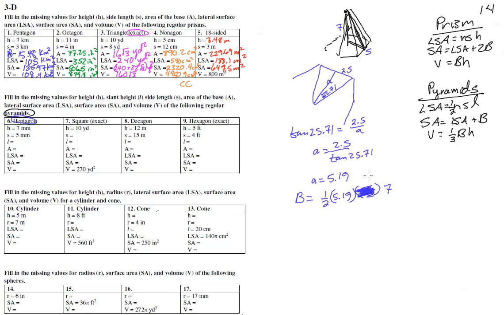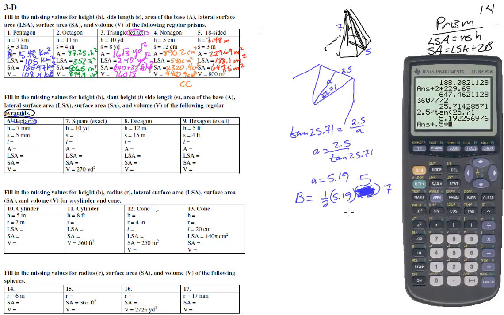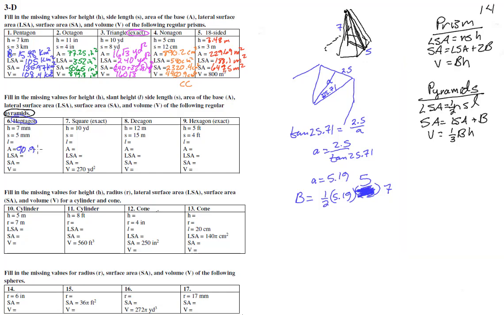That was just half of it. It was a 5. So 1/2 times 5.19 times 5 times 7. And so the area of the base is 90.9. That's going to be millimeters squared.